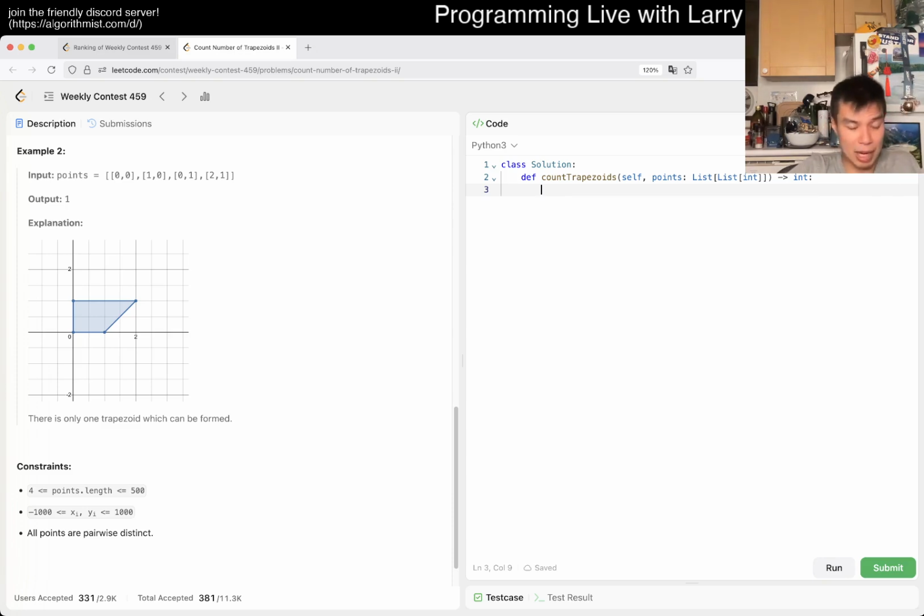Oh, I guess it doesn't matter. You don't need fractions for the y-intercept because you can just round it. Because by definition, if they have the same slope, is that true? Yeah, because they have the same slope and different x, y, and they're all integers, then it'll round down to the same one. Okay, that's fair. And it's only 1,000 anyway.